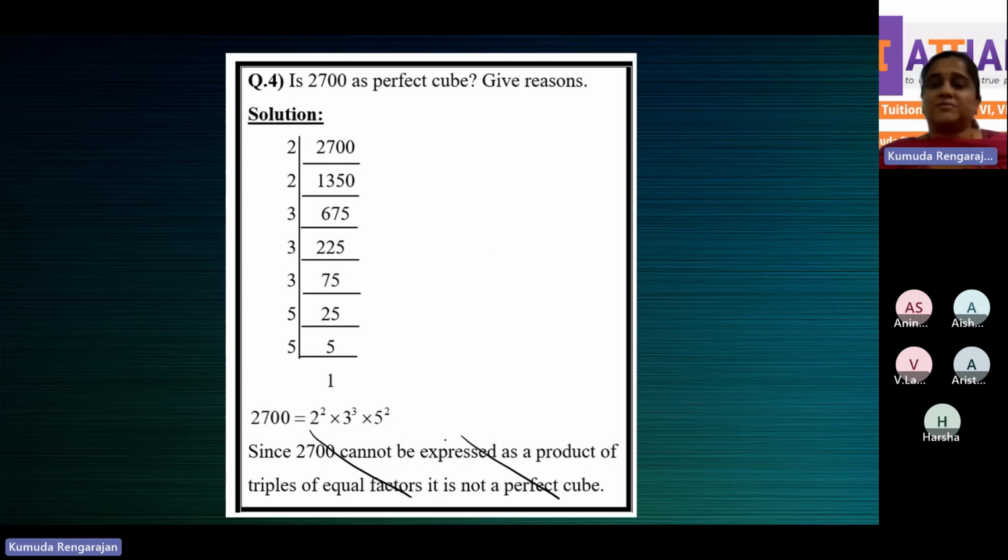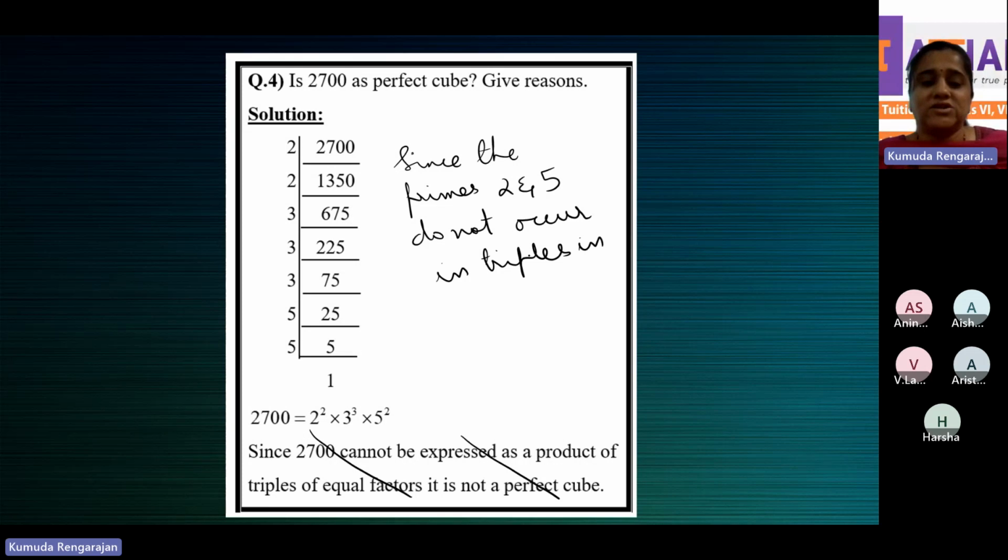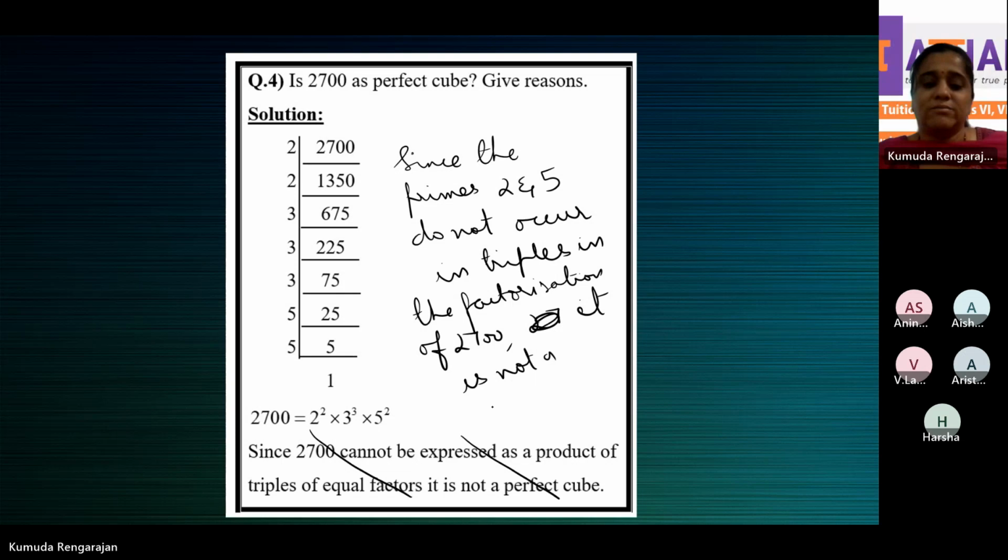Okay. So what's the reason? Since the primes 2 and 5 do not occur in triples in the factorization of 2700, it is not a perfect cube.